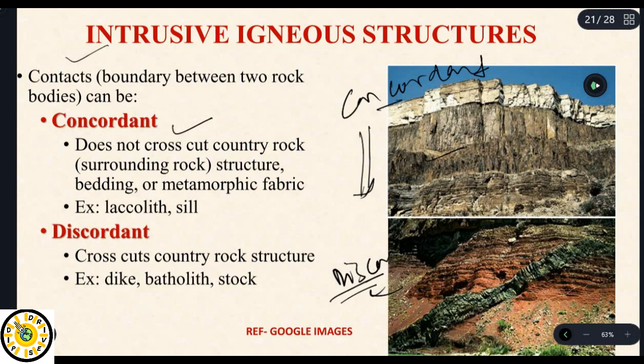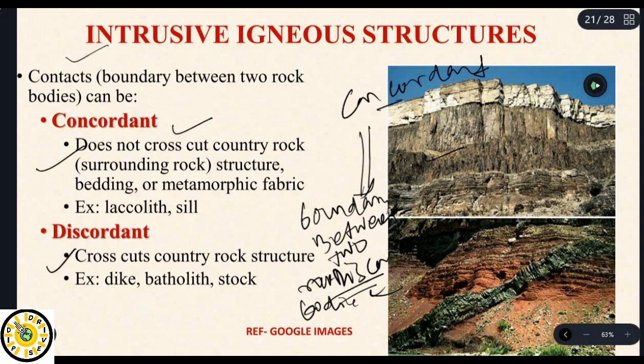So this is classified by how the boundary is between two rock bodies. ठीक है? और डिस्कॉर्डेंट जो क्रॉस कट करता है कंट्री रॉक के साथ, और कॉन्कॉर्डेंट जो क्रॉस कट नहीं करता है, like dike, batholith, stock will be the discordant and laccolith, sill will be the concordant feature. कभी आपको match the following भी पूछ सकता है कि whether the laccolith will be concordant, right? ऐसे दे देगा, concordant, match the following, sill, dike, right, batholith, match the following ऐसे दे देगा. नहीं तो कई बार पूछ सकता है कि what are the different types of composition.